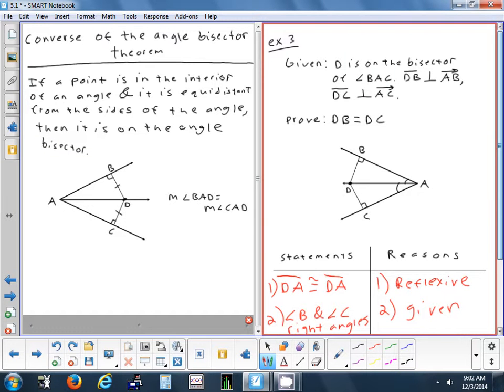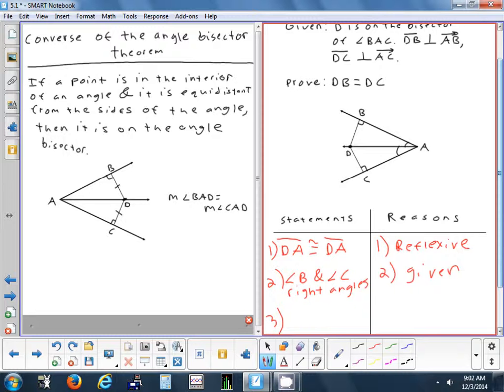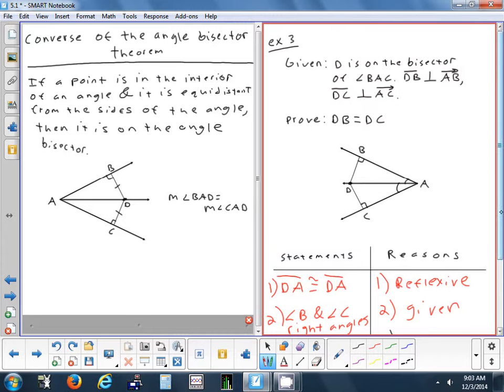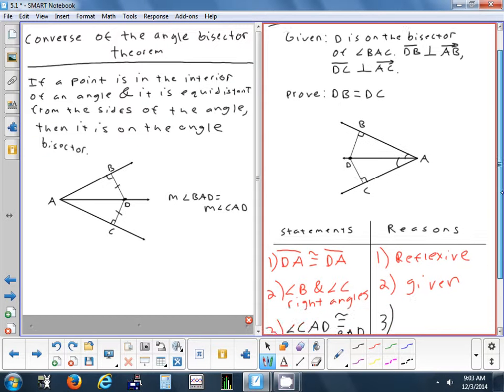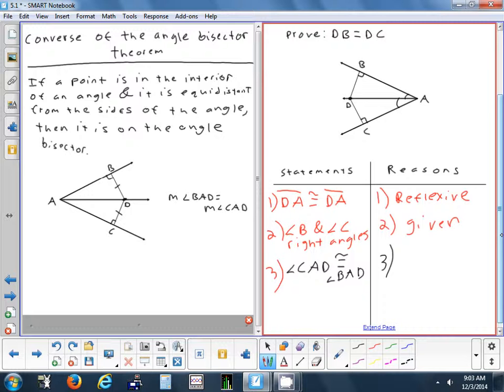Angle CAD and angle BAD. Those are congruent. That was given to me. It says D is on the bisector of the angle. So AD is a bisector. That was given.